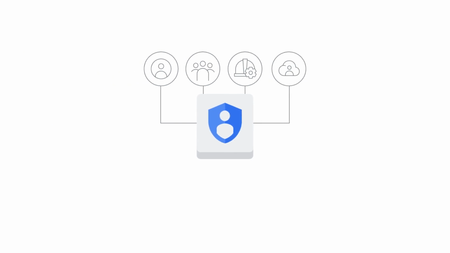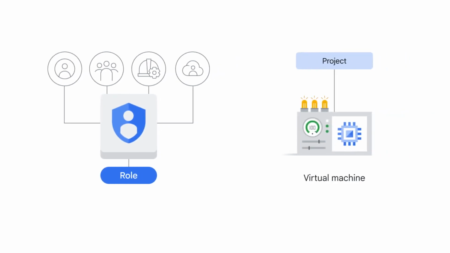The who part of an IAM policy can be a Google account, a Google group, a service account, or a cloud identity domain. The can do what part of an IAM policy is defined by a role. An IAM role is a collection of permissions. For example, to manage virtual machine instances in a project, you must be able to create, delete, start, stop, and change virtual machines.